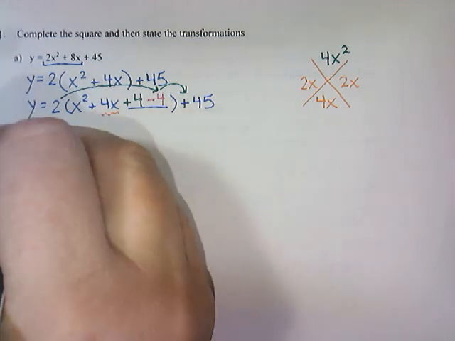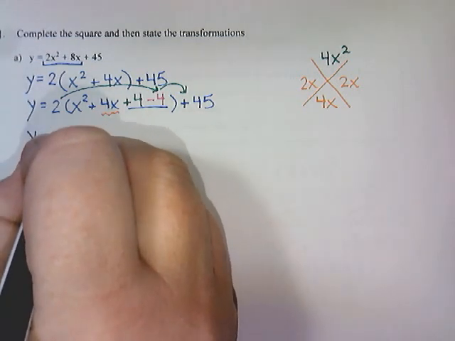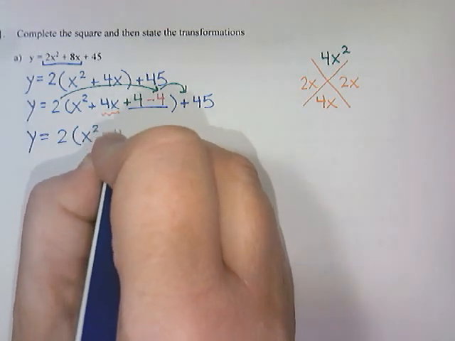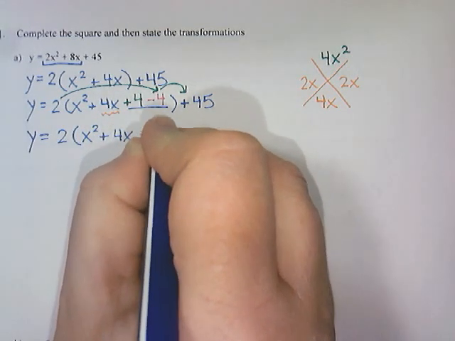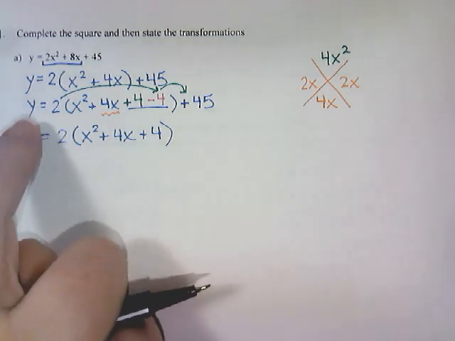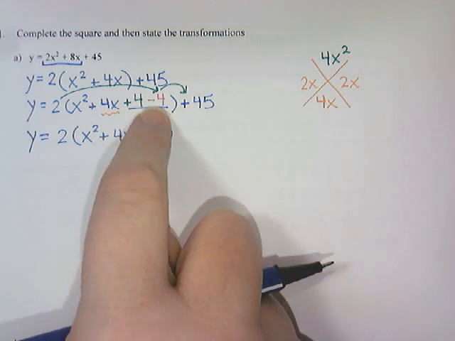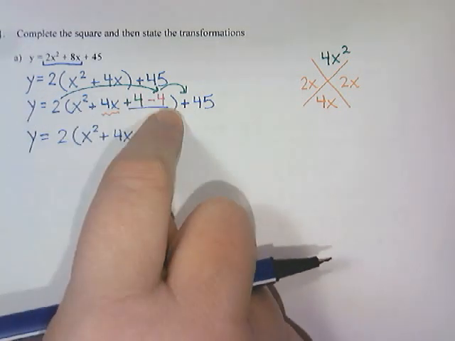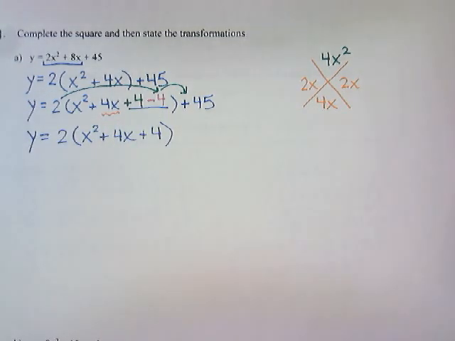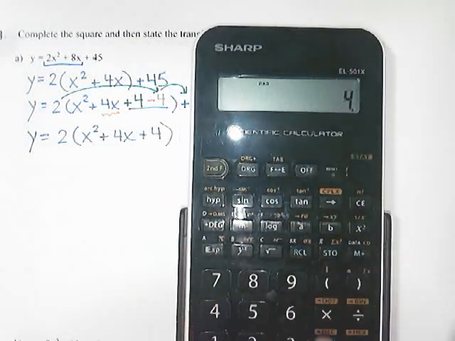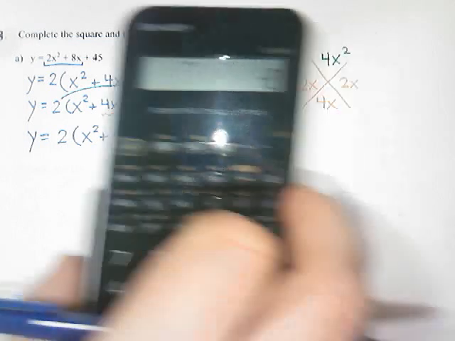So this is y equals 2 times x squared plus 4x plus 4. That's the part that I want in the bracket. And then I'm going to do 2 times negative 4. In the previous example, I wrote that out separately, but I'm okay if you just want to calculate 2 times negative 4, and then we'll write down the answer. So 2 times negative 4 is negative 8.